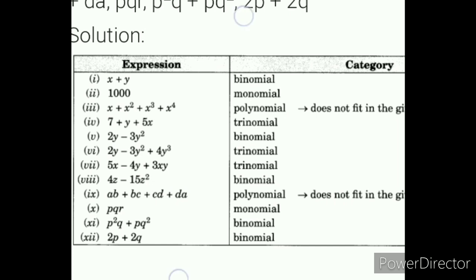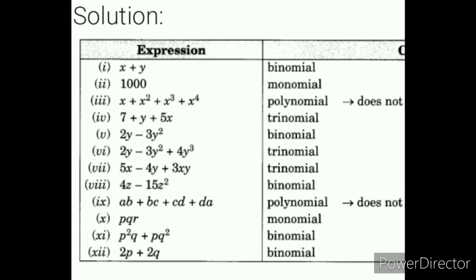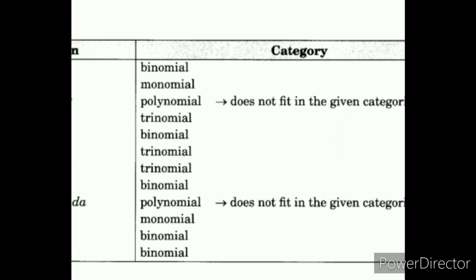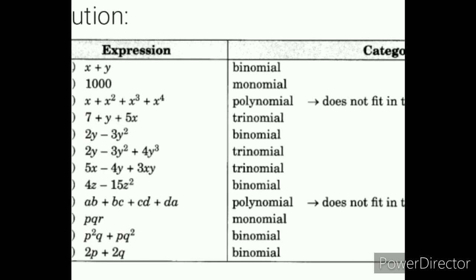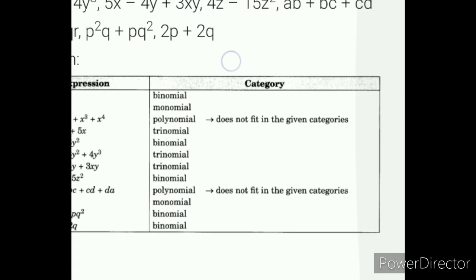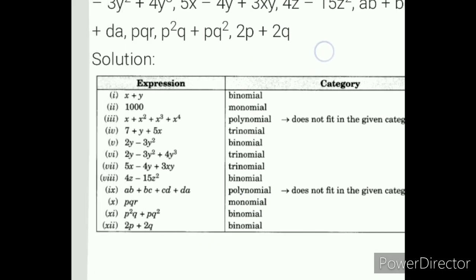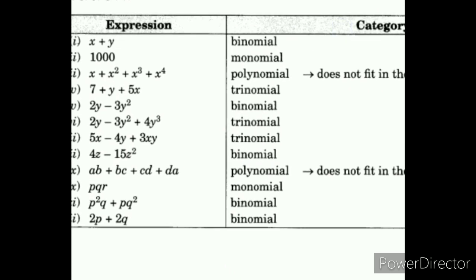Next, fourth one, 7 plus y plus 5x, trinomial. Next, binomial. Sixth one, trinomial. There are 3 terms. Seventh one, trinomial. Eighth one, binomial. Ninth one, polynomial.